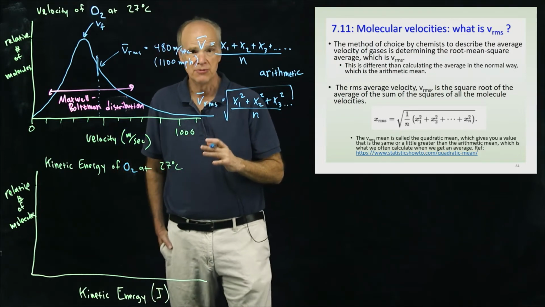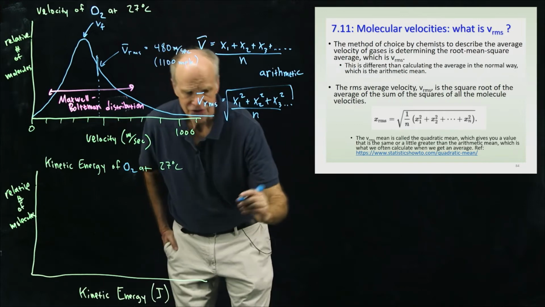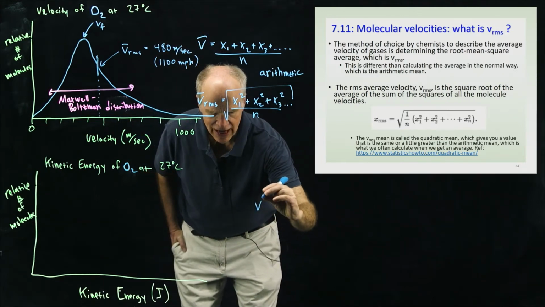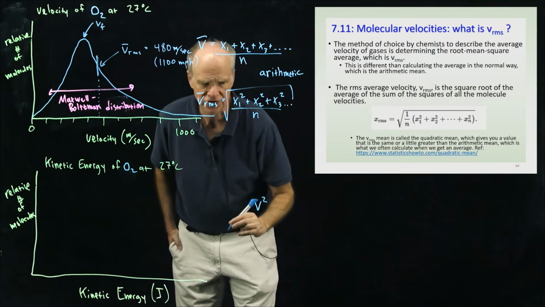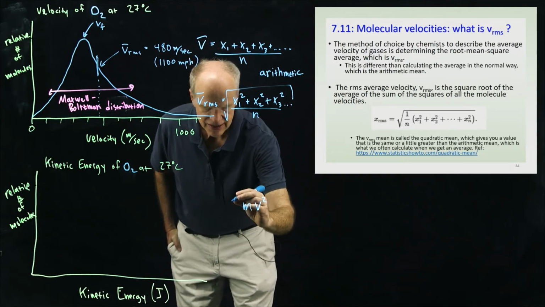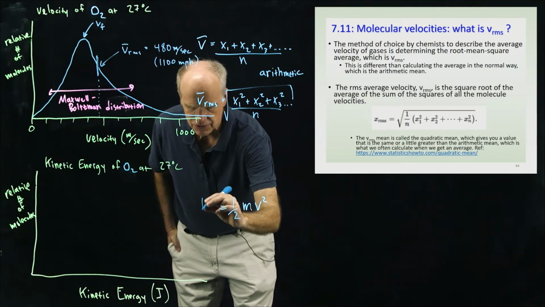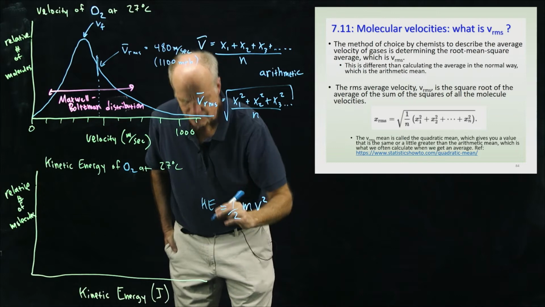Do you remember the formula that relates kinetic energy to velocity? If you take the velocity of a molecule and square it, and multiply it by the mass, and multiply that by 1/2, that is equal to the kinetic energy of the molecule.